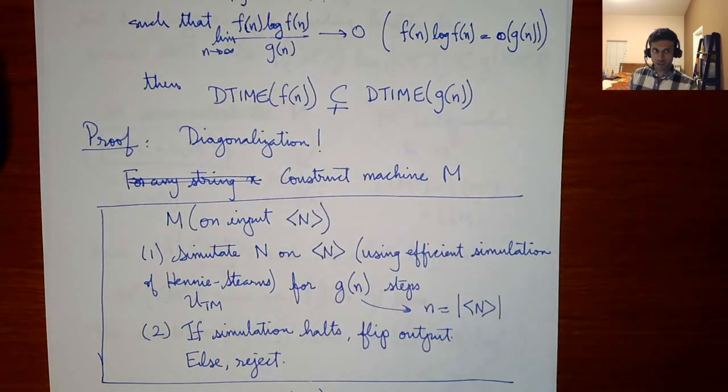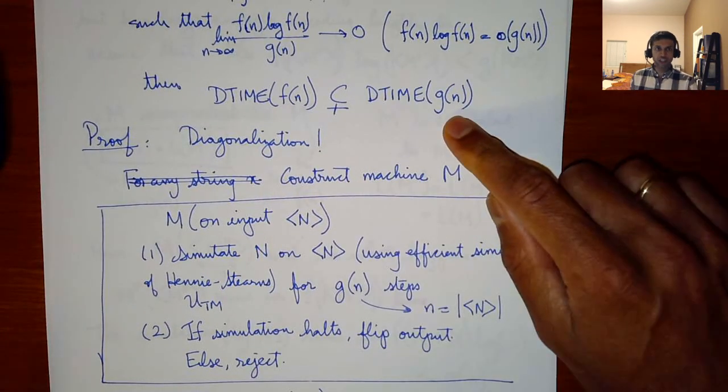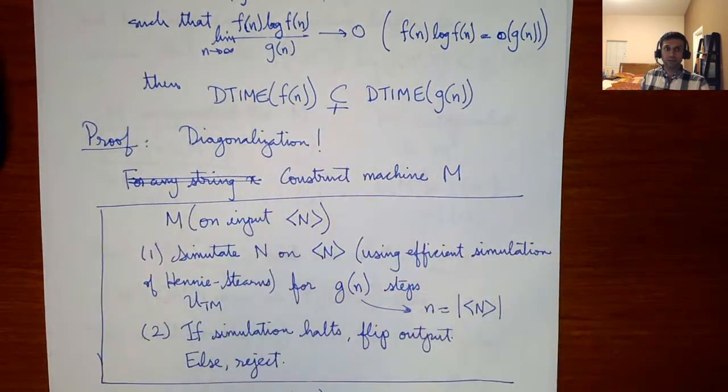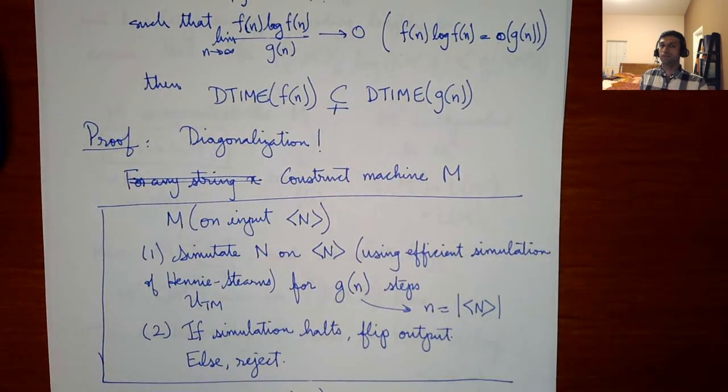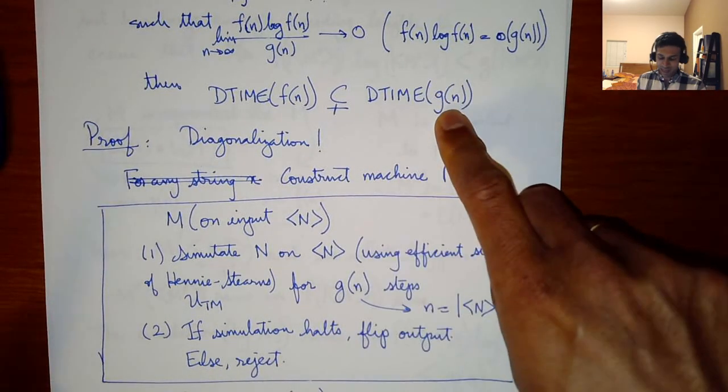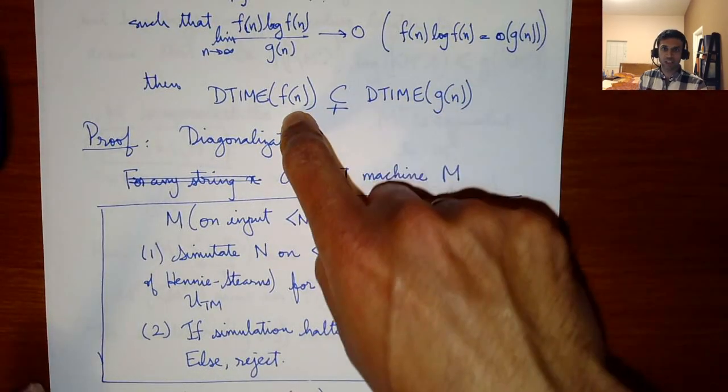You construct this by diagonalization. You say that g of n is enough time for me to simulate any f of n time Turing machine. That's why g of n has to be larger than f of n log n, because g of n time is enough to simulate any machine that runs in f of n.